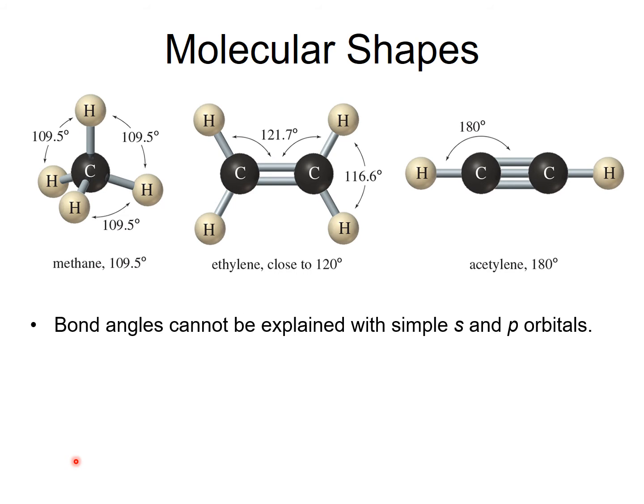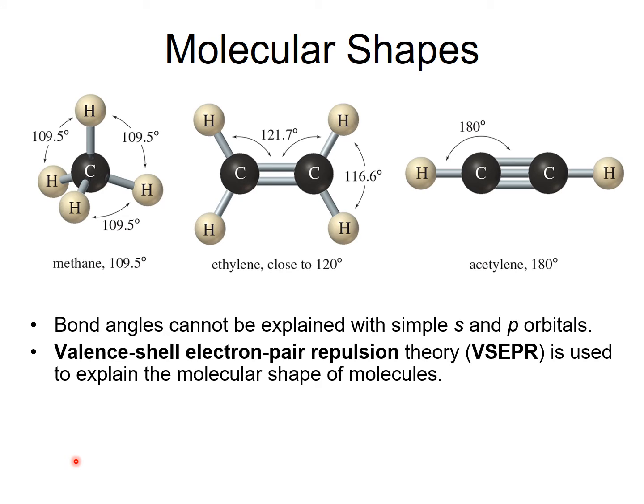So how do you get bond angles? You can't really get bond angles just by using S and P orbitals, because if you just do S and P orbitals, everything would be 90 degrees. So you actually have to look at valence shell electron pair repulsion theory, called VSEPR by some people, or VSEPRT by others. And you use this to explain the molecular shape of molecules.